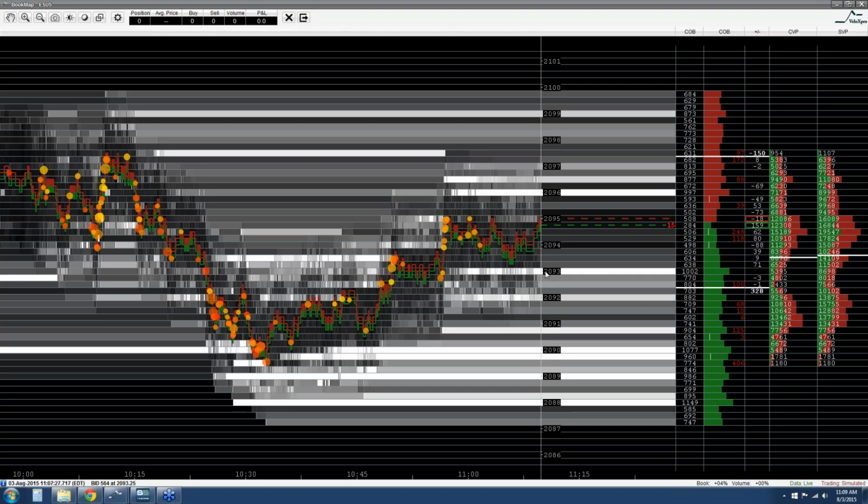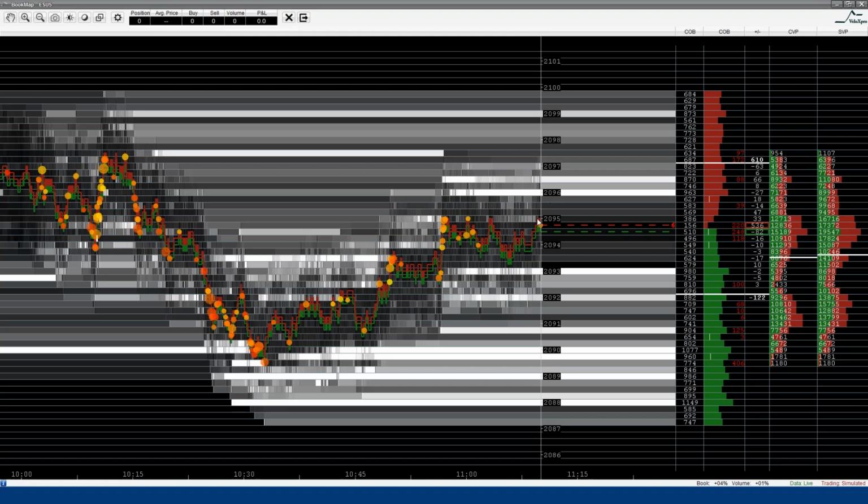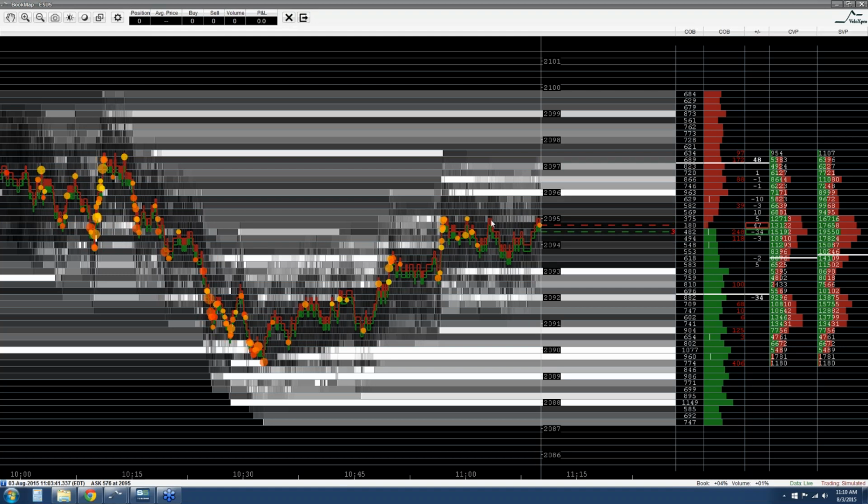It just doesn't want to come and fill this 93, and you can see this darker area around here. So we are just searching for liquidity. It didn't want to take it here at 93, so it's rotating back up. It looks like it's finding a little bit here at 95 at the moment, where previously it did not.